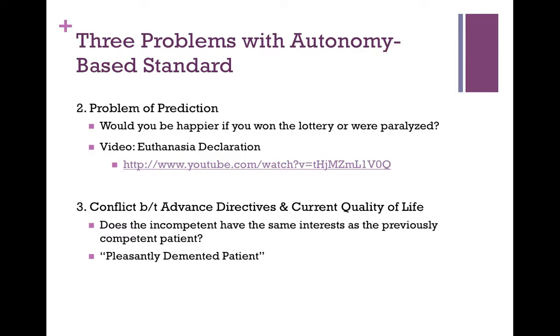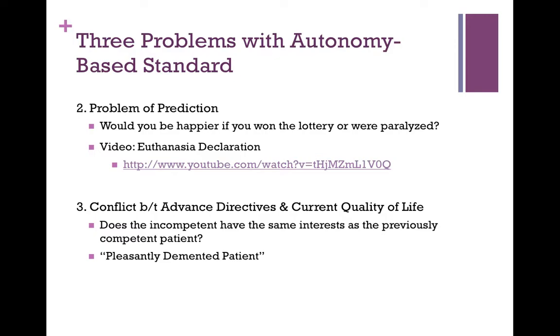Maybe someone who suffers from dementia and Alzheimer's. As a function of the disease, they have deteriorated to kind of the intelligence of a child, you might say, or have the mental life of a child. But nonetheless, they're happy and they're enjoying life and they're receiving a good quality of life for them at this point.